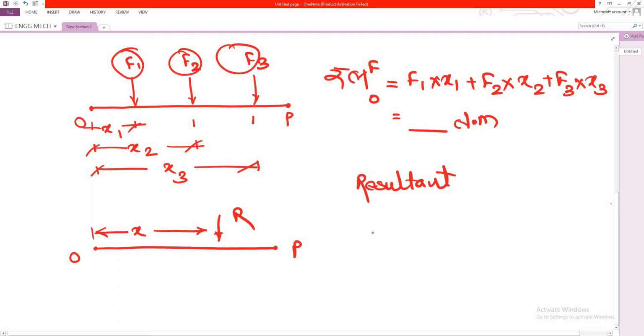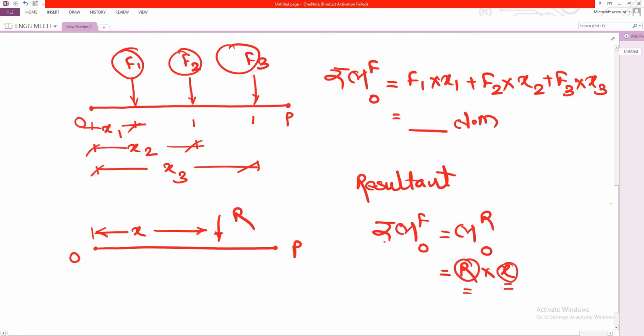When we state Varignon's theorem like this, summation of moment of forces with respect to point O equals the moment of the resultant force with respect to point O, which is R into x, the magnitude of the resultant force times the distance from the reference point. See, for the moment of a single force, what do we need?